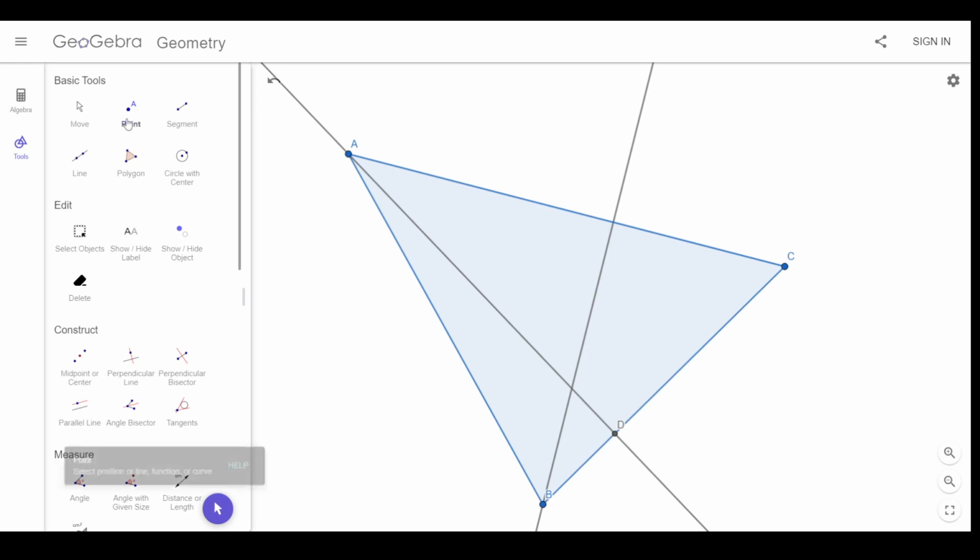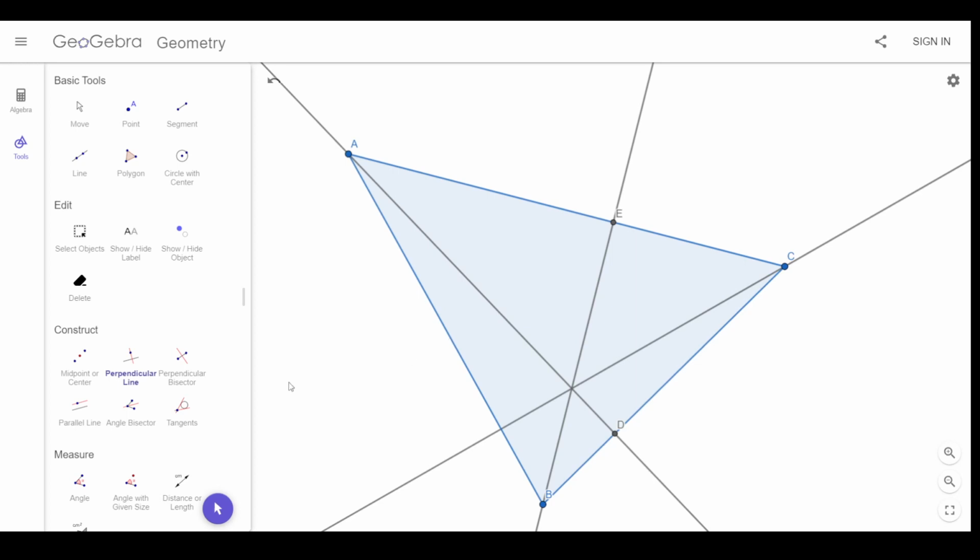Okay, and let's just put a point right there, and that's point E. We good? Let's do it one more time. Perpendicular line. Now, where am I going from and to? I'm going from C to AB. That's right. So I click on C, and I click on this line segment AB. Boom. And look what happens.